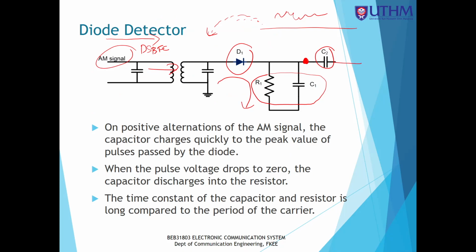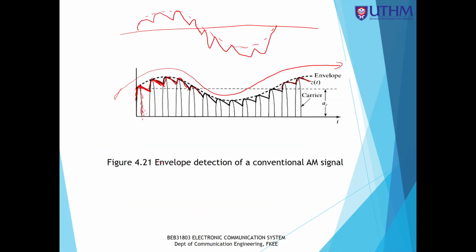So what happens after the C2 capacitor? How does the waveform look? Capacitor C2 will remove the DC component.